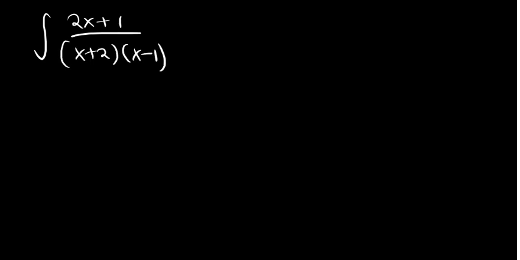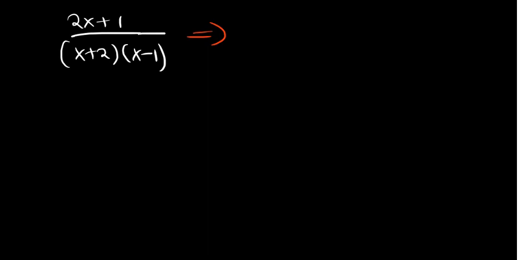So let's have 2x plus 1 as our fraction over (x plus 2)(x minus 1). How do you take this into its partial fractions?